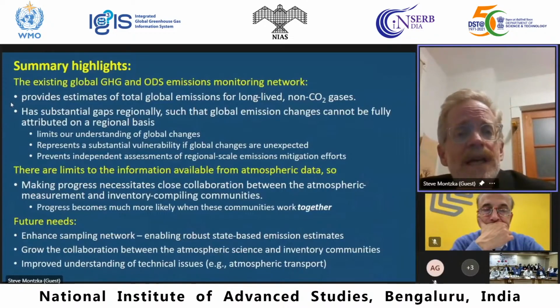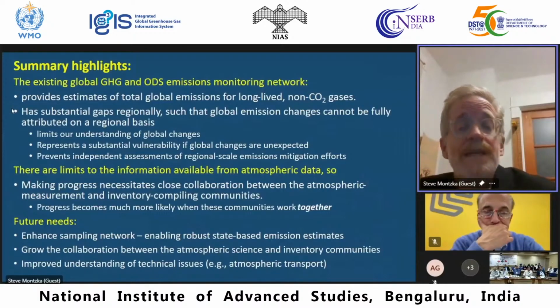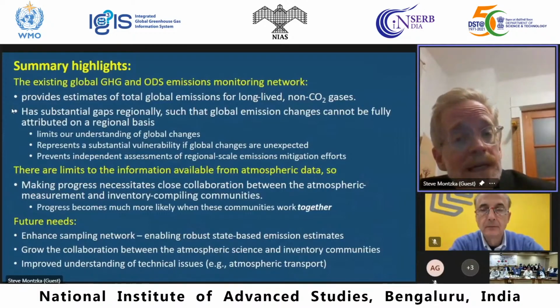But it does have substantial gaps regionally, such that global emission changes can't be fully attributed on a regional basis, and this limits our understanding of global changes, represents a substantial vulnerability if global changes are unexpected, and prevents an independent assessment on regional scales of emission mitigation efforts.